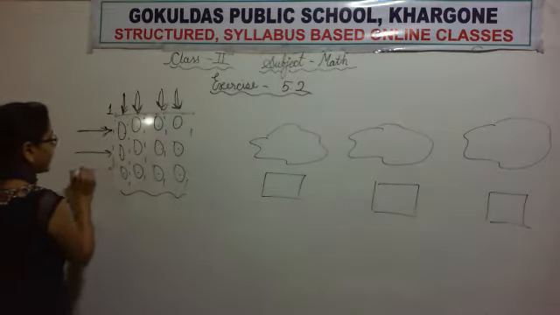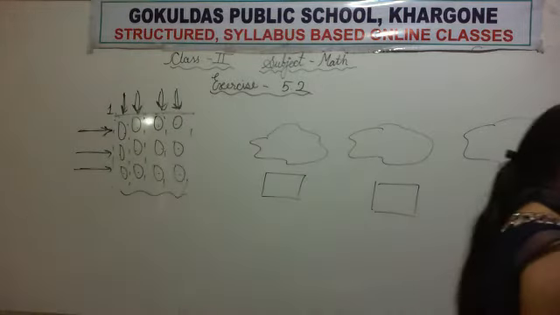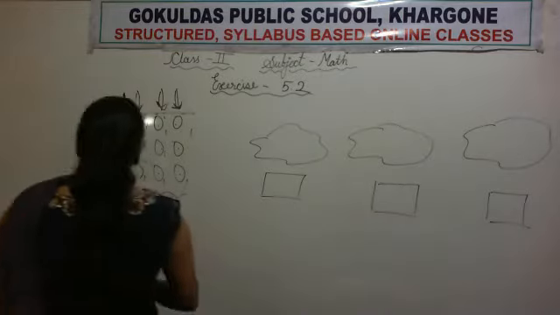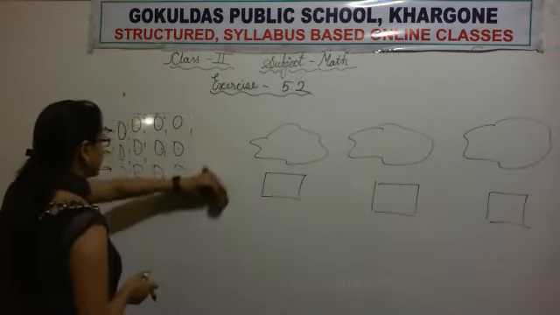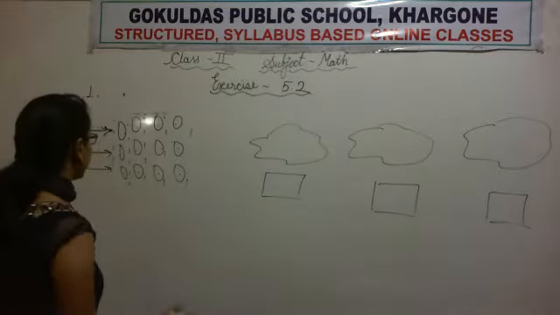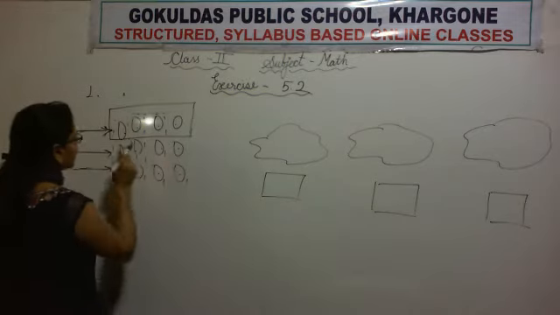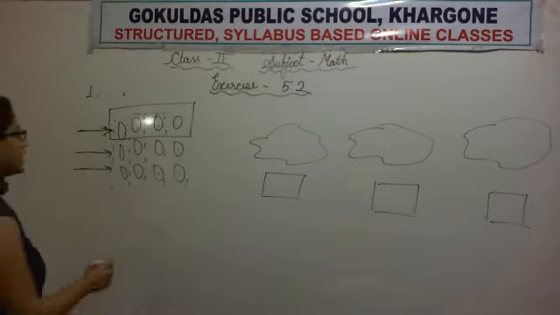So 1, 2 and 3. Yes, if we divide them horizontally, then we will have 3 groups and we need to divide them into 3 nests. So this is how, if we group them horizontally, then we can distribute them into 3 nests.